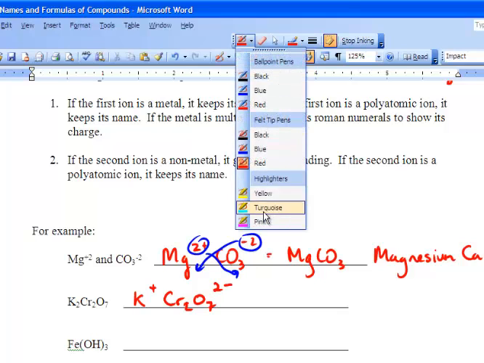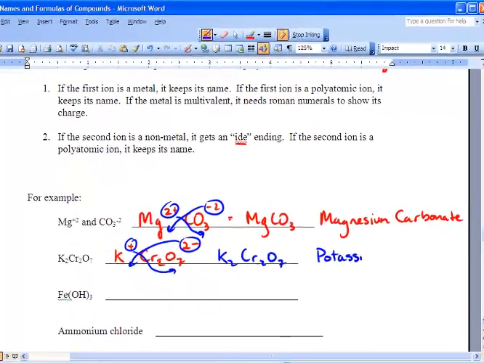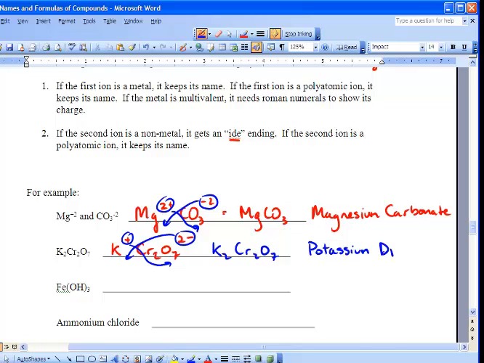Well, we found out our ions, and now we're going to swap and drop. And we're going to get K2Cr2O7. What that says is we need 2 potassium ions to balance out 1 dichromate ion. So we've got potassium dichromate.